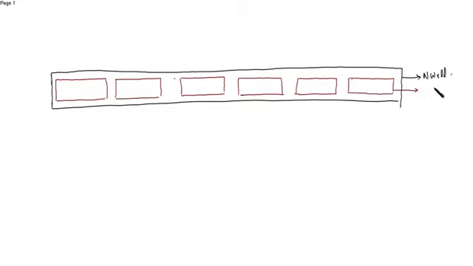This is the P diffusion layer, or the P diff layer.